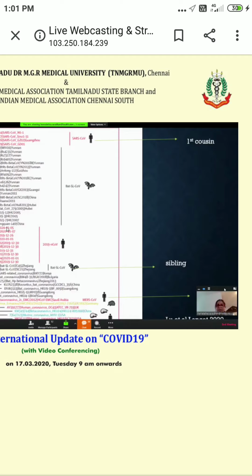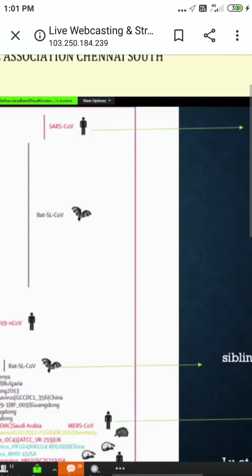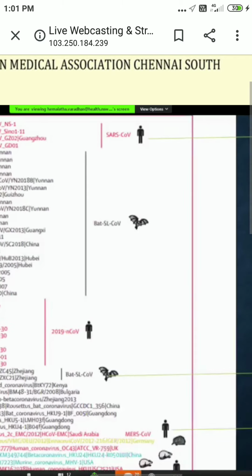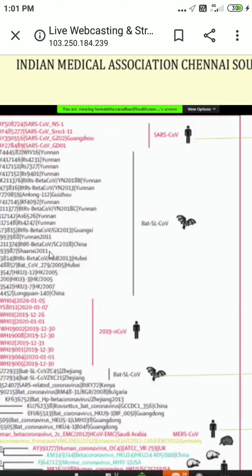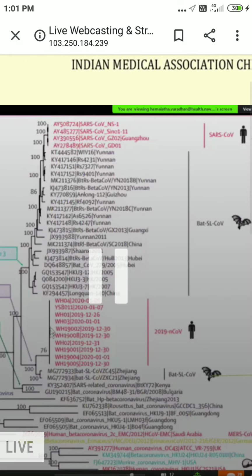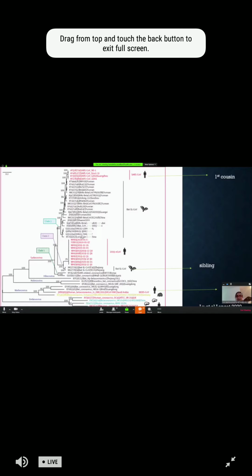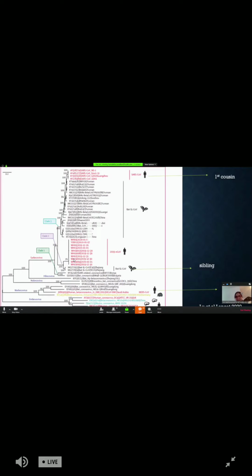Now, the way to interpret this is to actually look for straight lines and the closeness between the viruses. So each line represents the virus that people have isolated and submitted sequences on. And if you see a single line like this one, these are all coming from Wuhan, and they are all one single clone. So which means that they have a high similarity, and therefore it obviously is an outbreak.